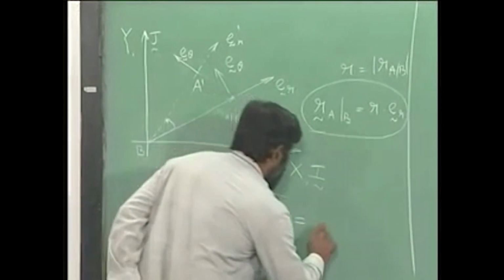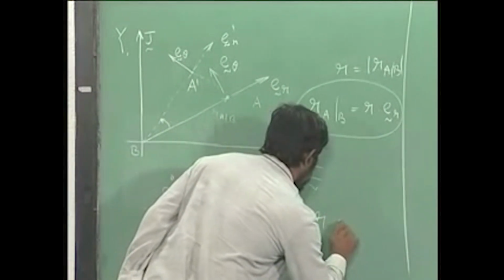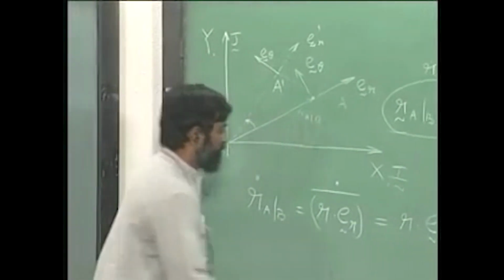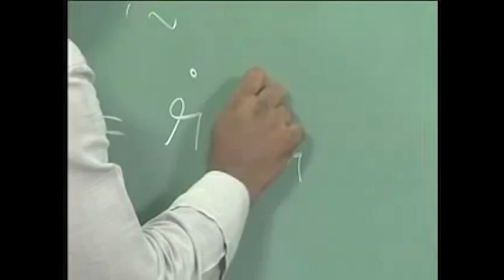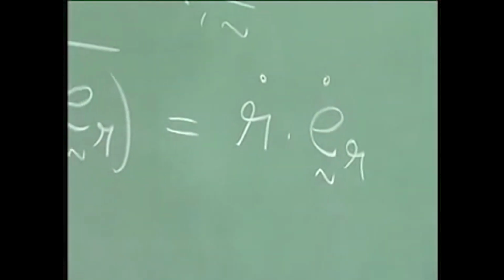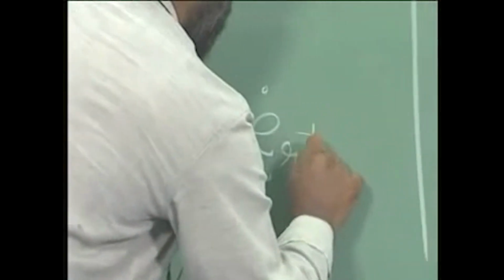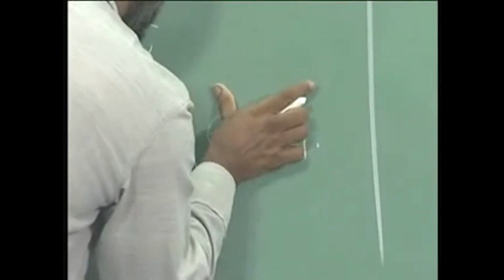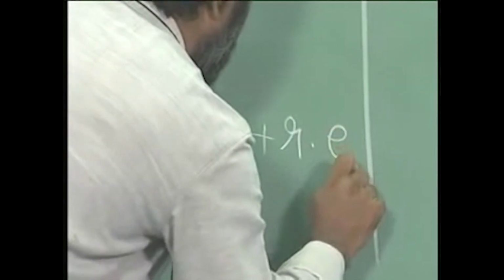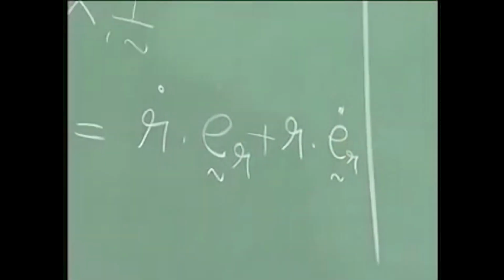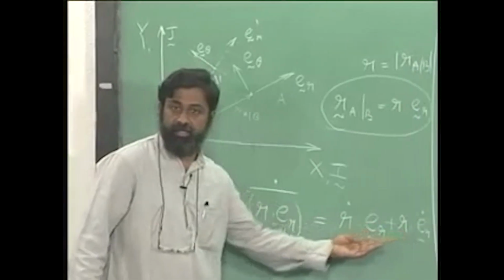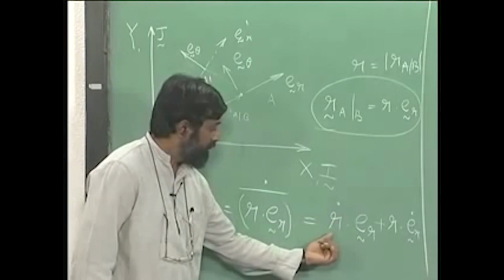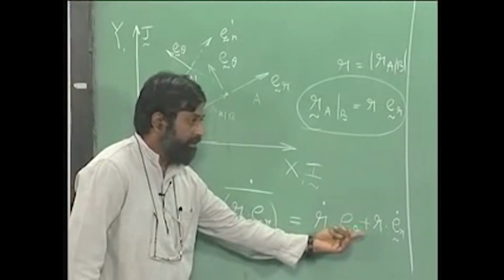So, this will be R times, let me just make it general and then use the concept of the rigid body. I have just taken the derivative by parts.